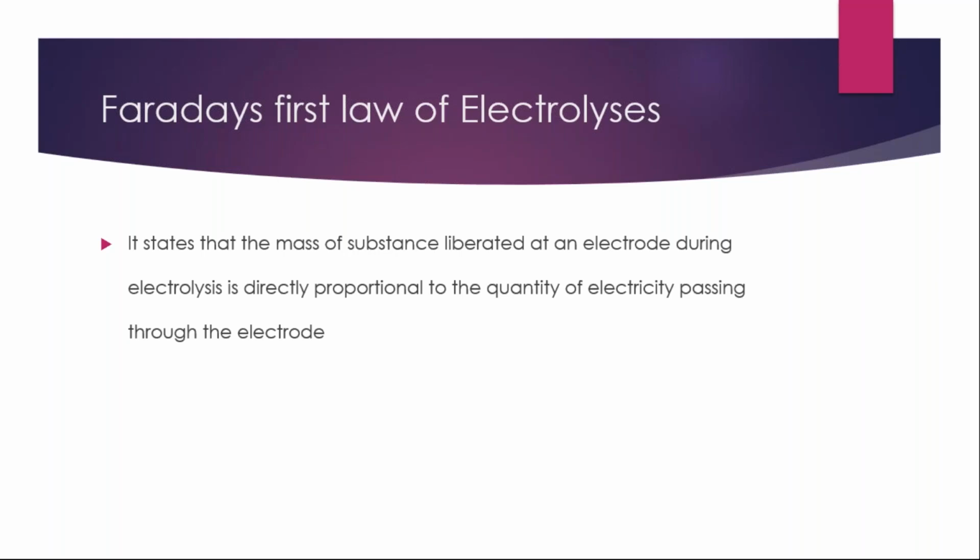Now, like I said, every electron that is being transferred has a negative electrical charge of 1.602 times 10 raised to power minus 19 coulombs. Write that down. This is usually written as minus e.